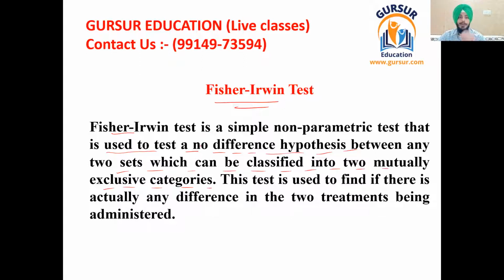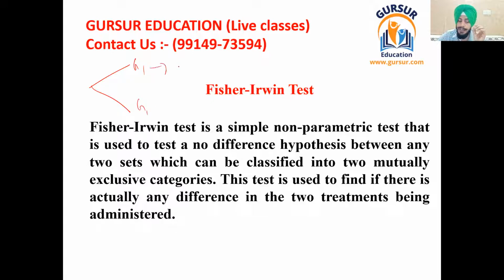I hope you are my regular student and you have gone through many videos given by me. In one video I taught you that there are two treatment groups. In a complete class you group students into categories: group 1 and group 2.